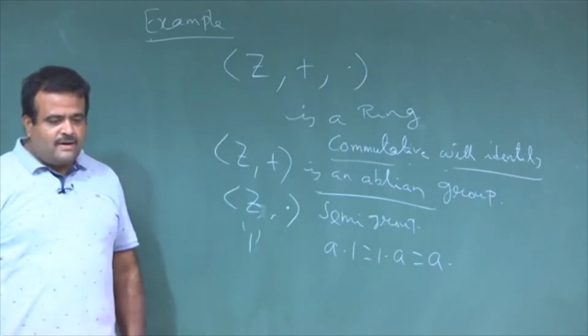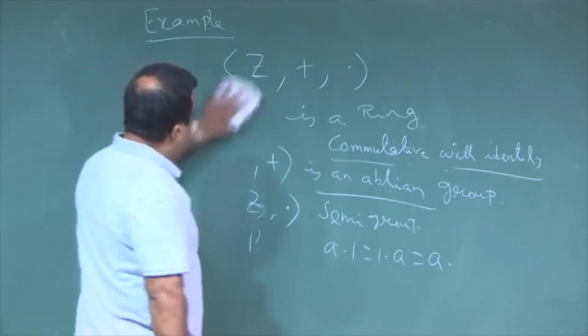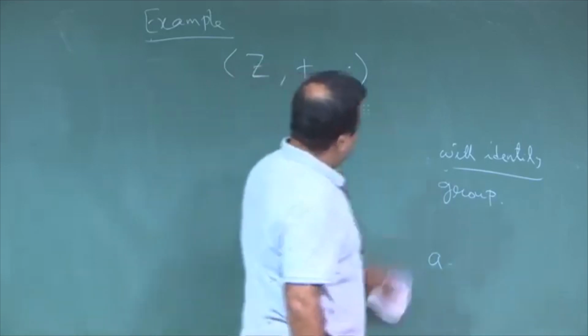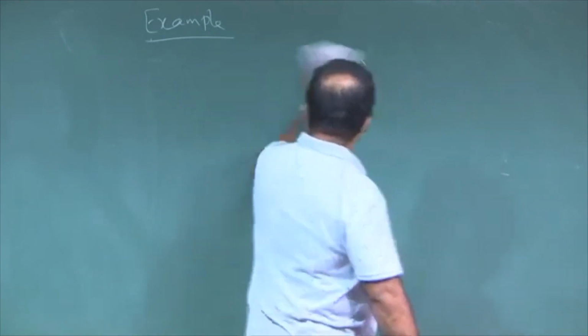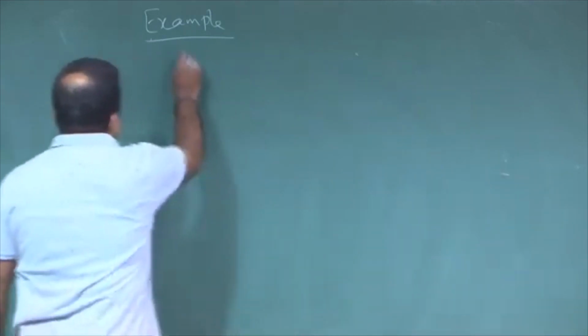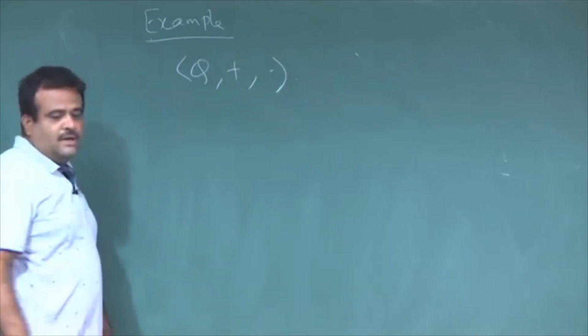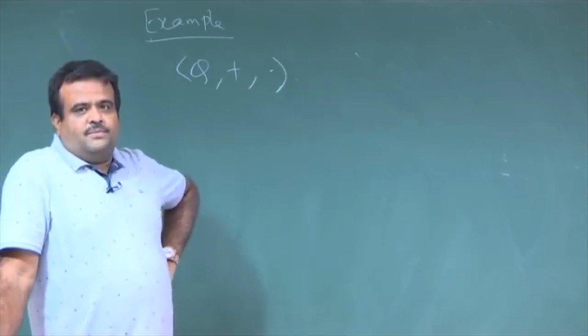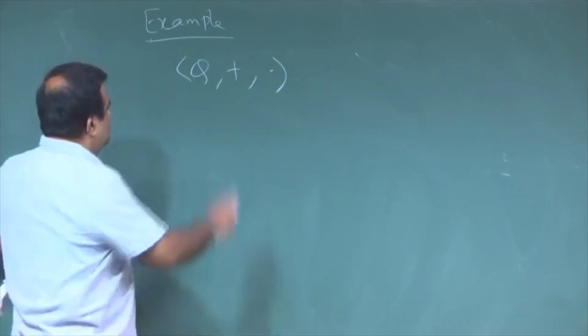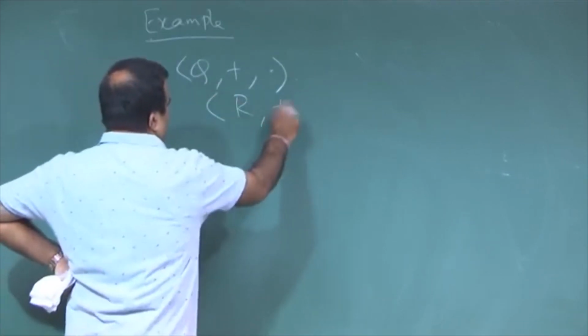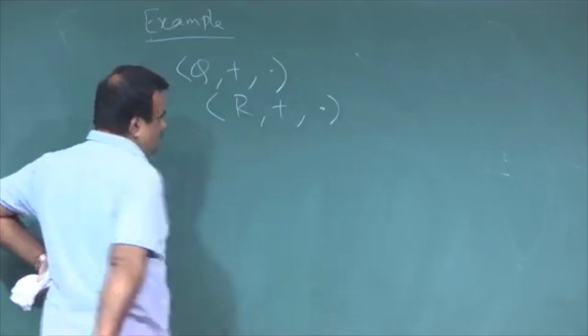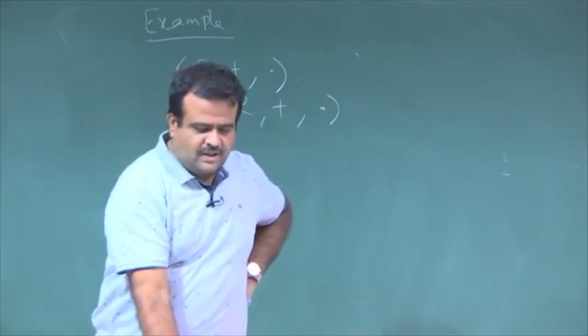Okay. Now, another example is the set of all rational numbers, the set of all real numbers. So, Q plus this is also a commutative ring with identity. Now, R is also a commutative ring with identity.